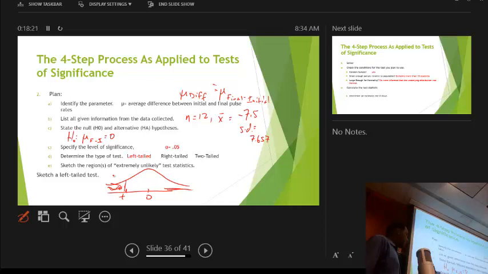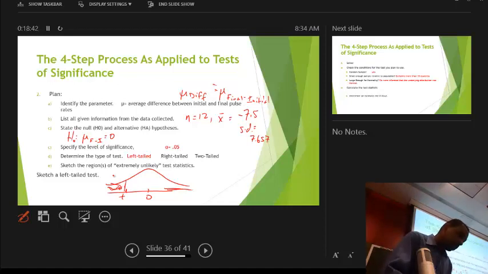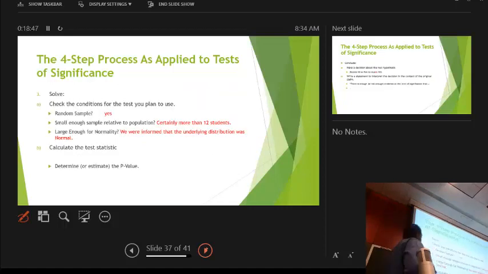This book doesn't really stress that, like I said before. All right, next piece: check the conditions. There is a handout.